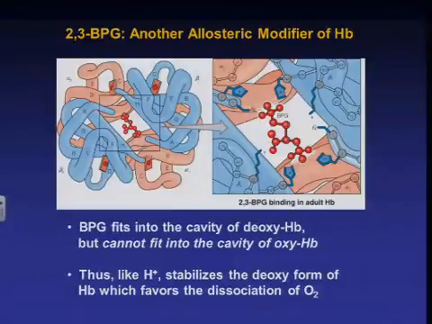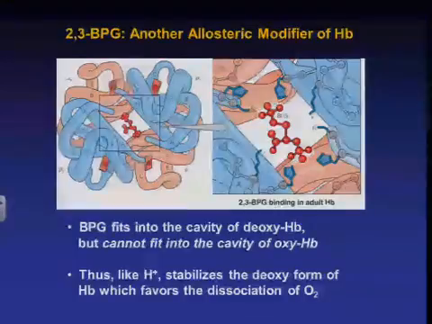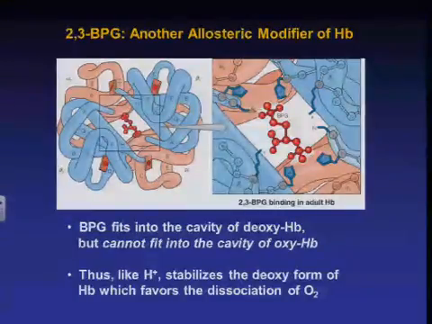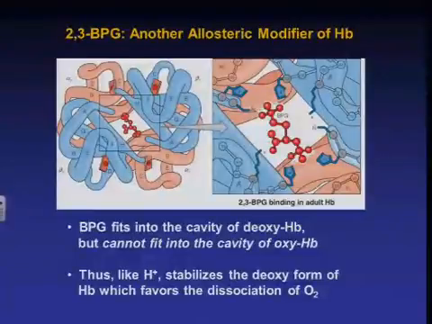I'll mention why. But if we look at the structure, BPG fits really nicely into that solvent-filled cleft of the deoxy form. So it fits in there, and BPG itself is this polyanion. Okay, so it has these negative charges.